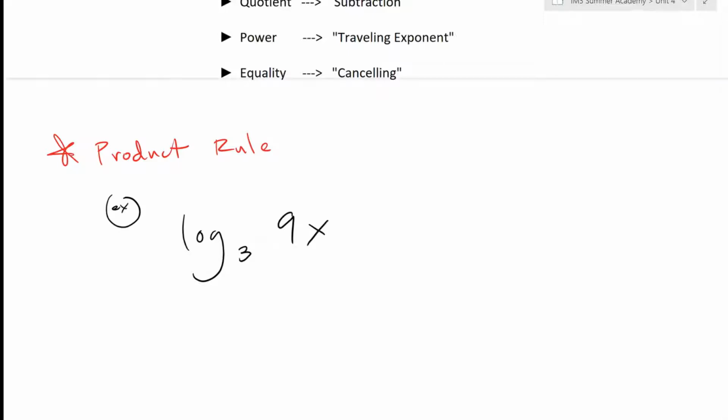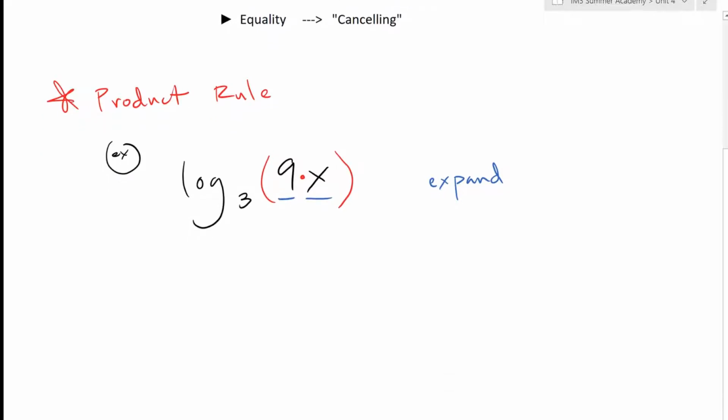Okay? Now the reason this is product rule is because if I focus on this 9x, it is 9 times x. So however many pieces are being multiplied, that's how many logs we're going to expand this into, because this is condensed right now. We want to expand it out. So I've got 1 piece, 2 piece. So I'm going to expand this into 2 logs with the same base of 3.